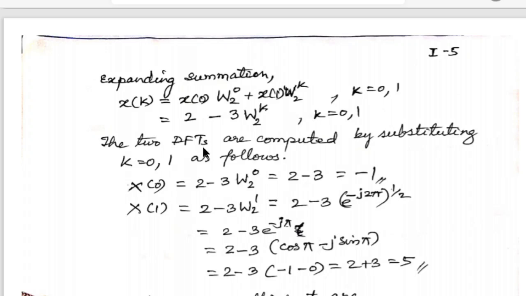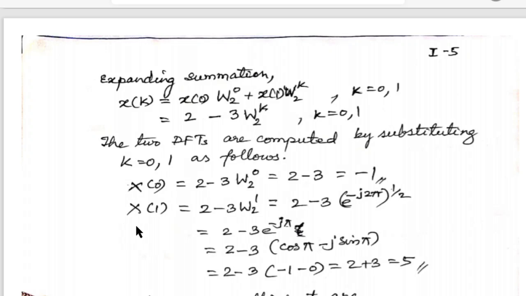So when you substitute k equal to 0 in this expression, I will get X of 0 is equal to 2 minus 3 into W suffix 2 raised to 0, right? Accordingly, k is 0 here. So I will get 2 minus 3 into 1, that is 3. So the net value is minus 1. So the first DFT sequence value X of 0 happens to be minus 1.